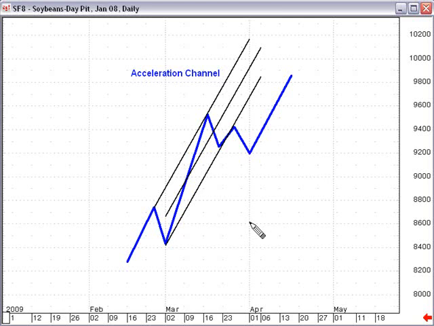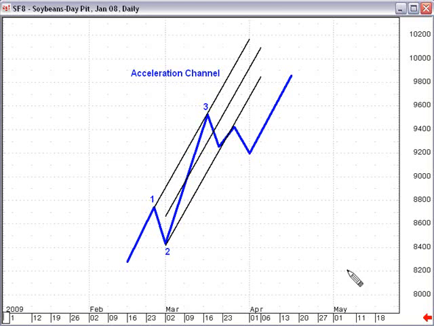Next I'd like to show you the second channel of the Kennedy channeling technique, and that is the acceleration channel. The acceleration channel is important because it encompasses wave 3. Just to give you a visual, here's my first wave, my second wave, and my third wave. Why is the acceleration channel so important?